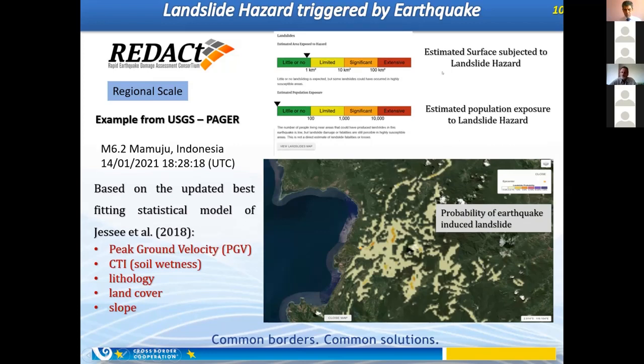On top of that, it shows the estimated surface subjected to landslide hazard and the estimated population exposure to landslide hazard as well.